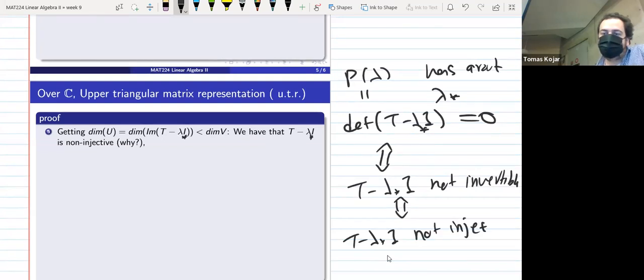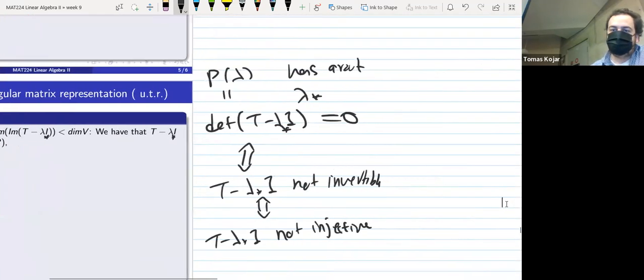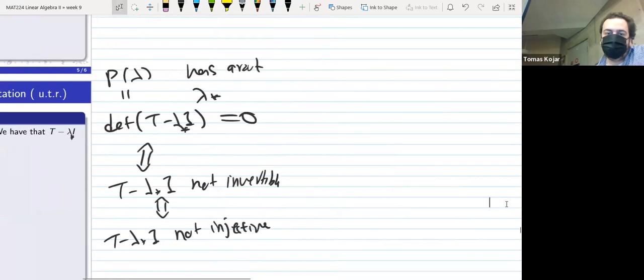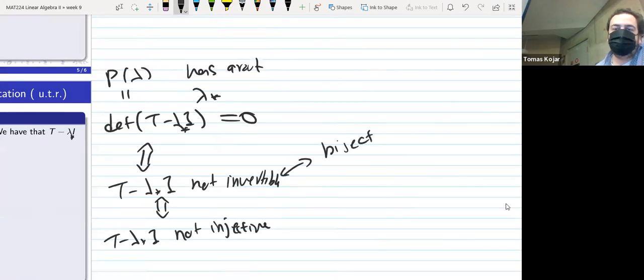So let's see why that is. Let me remind you. Invertible is the same as bijective. This is basically the definition.